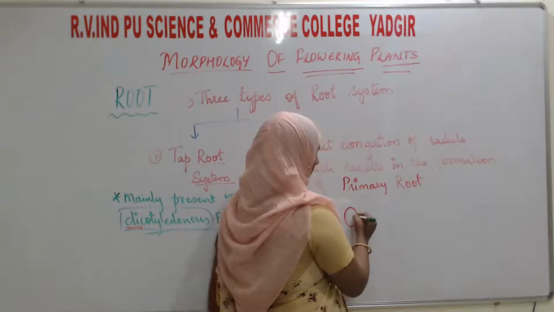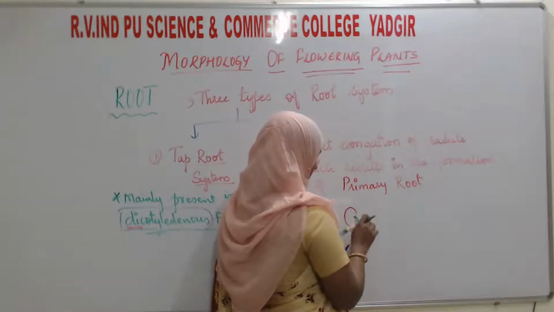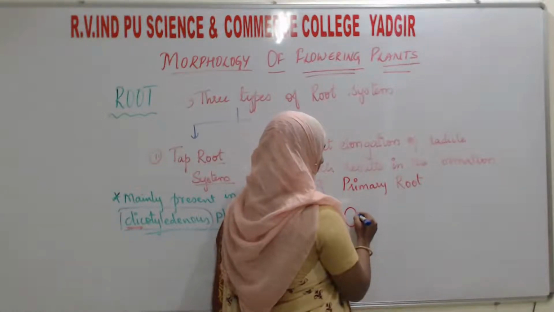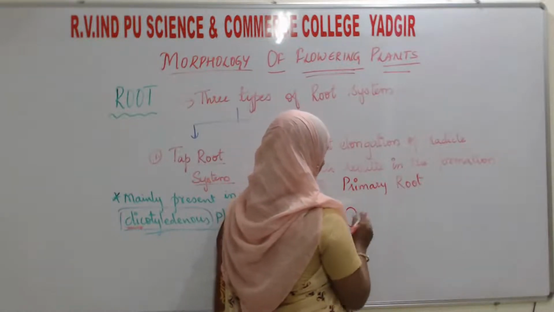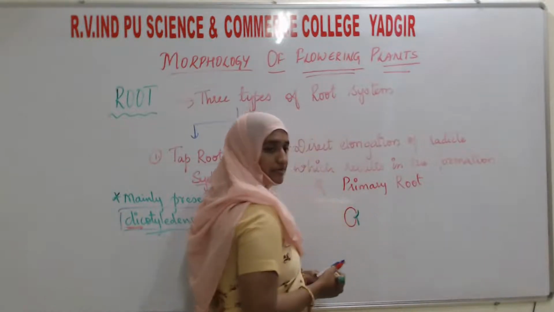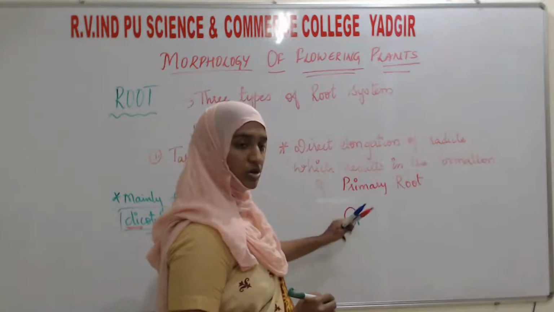From the plumule, a small shoot is going to arise. A small root and a small shoot.